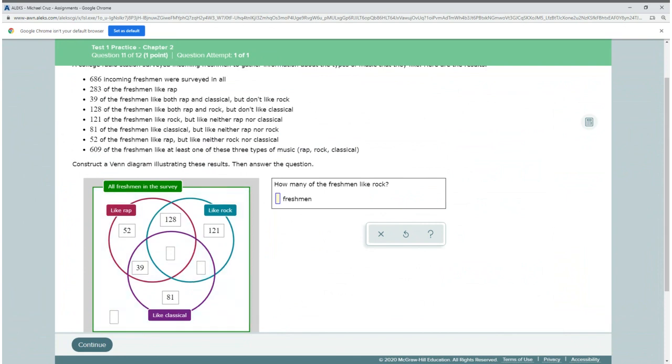So 128, 52, and 39. And then I'm going to subtract that from 283. So that means there's 64 that like all three.